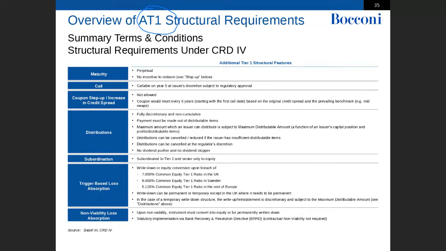You remember the Berkshire feature was a perpetual bond, a bond that goes forever, and they used to have a coupon at 10%. Here it is the same, it is perpetual.